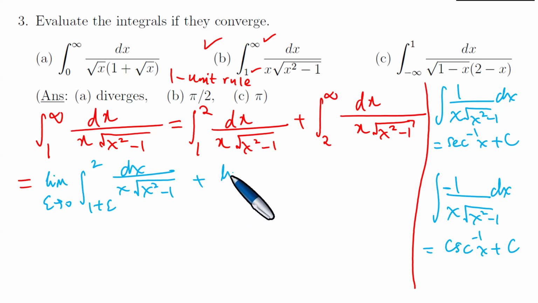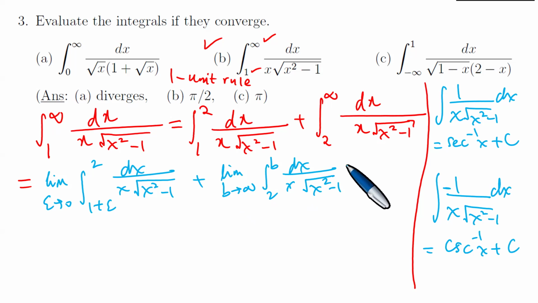And then you have the limit. Now we put the b here because of this infinity limit of integration, making this an improper integral.